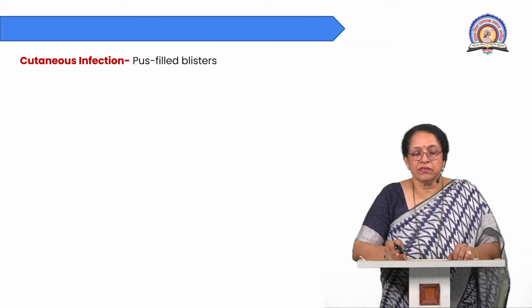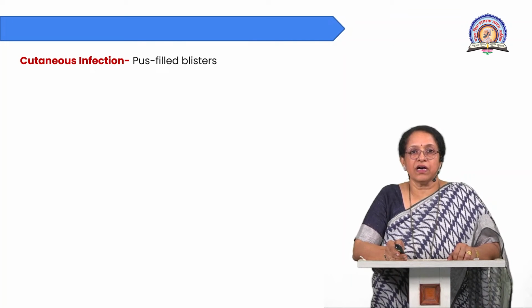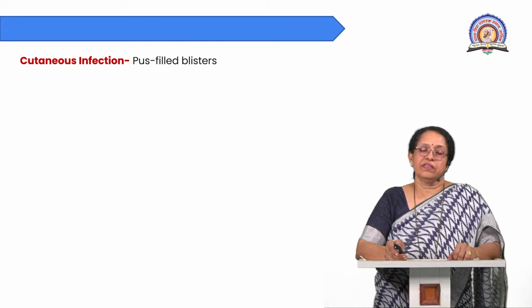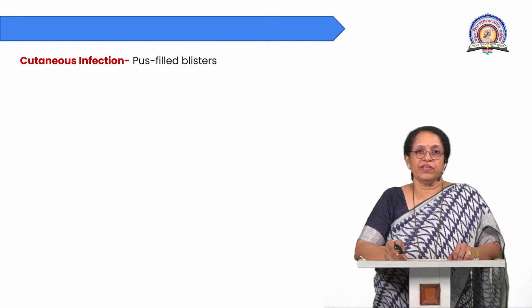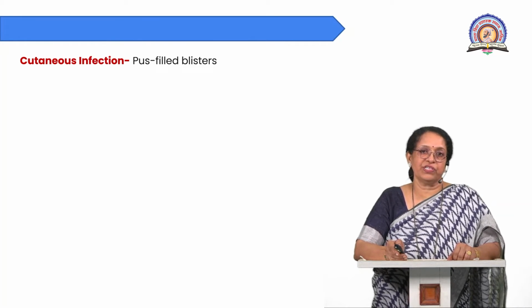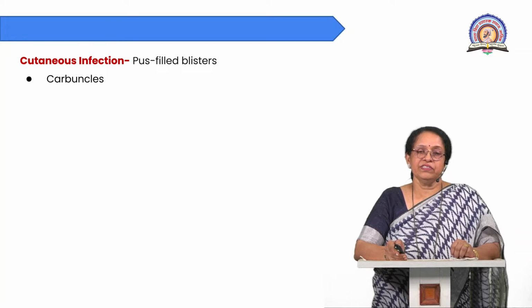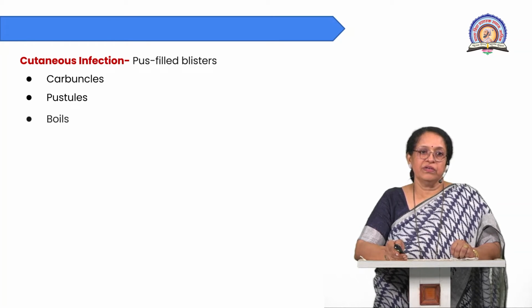Some cutaneous infections also occur because of Staphylococcus, the majority of them related to pyogenic infection, in which pus-filled blisters are important. The first is carbuncle, the second is pustule, and you can include furuncle also, types of boils.